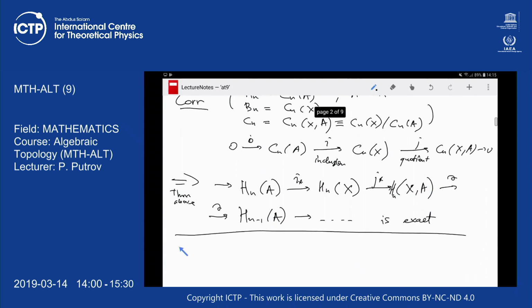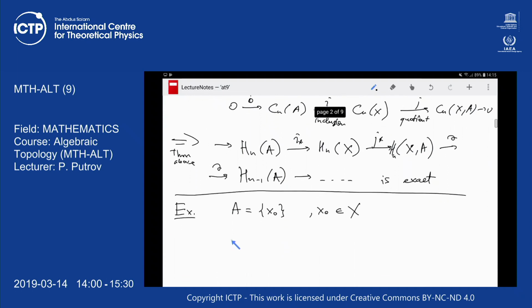So let me give you an example. Let A be just a subspace containing a single point in X. First let us see how this sequence looks when n is greater than 1.